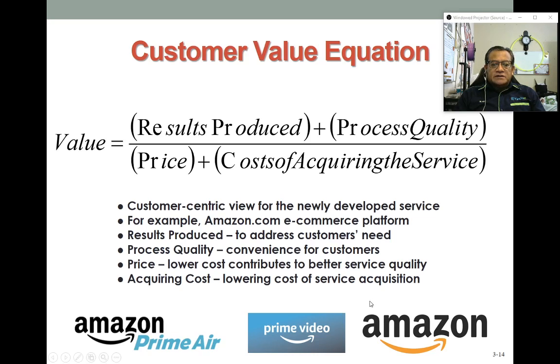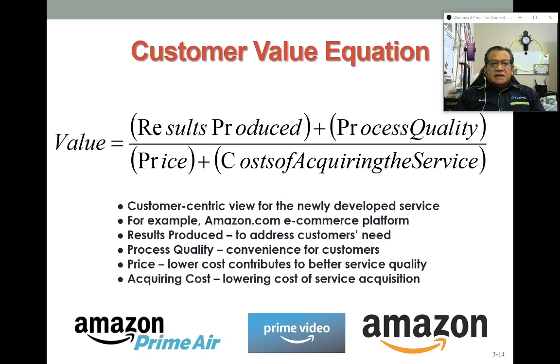For example, Amazon. A few years ago, Amazon was still considered new in the past two decades. It was very much focused on customers who were planning to buy physical books.